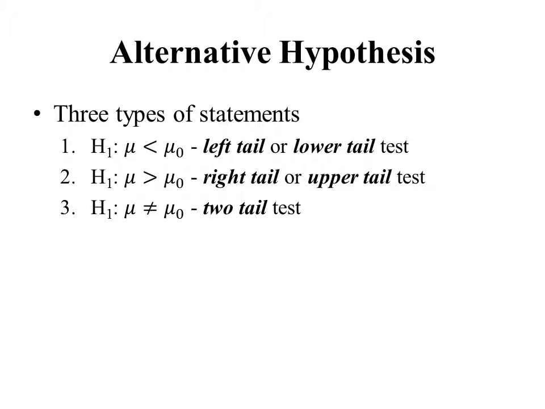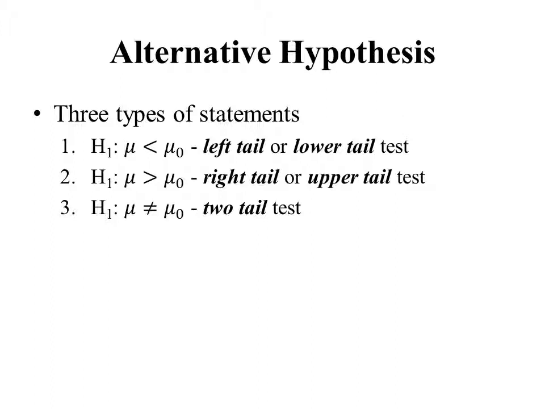So as we see in this example, the null hypothesis is always going to be the statement that our parameter equals some number. Our alternative hypothesis can take one of three different forms. One form is going to be the statement that the parameter is less than some number. Here mu naught denotes some number, and mu is our population mean that we're making a claim about. If we have a statement of this form, we're going to call the hypothesis test a left-tailed or a lower-tailed test.